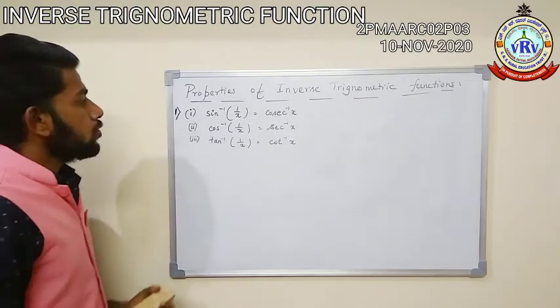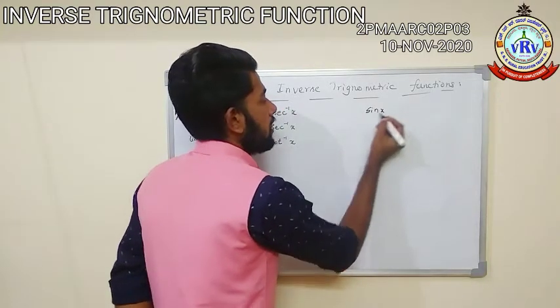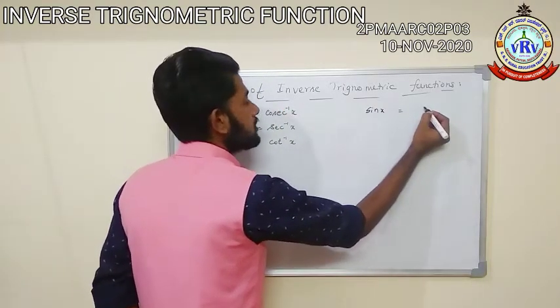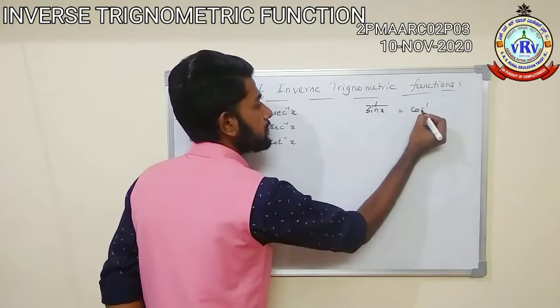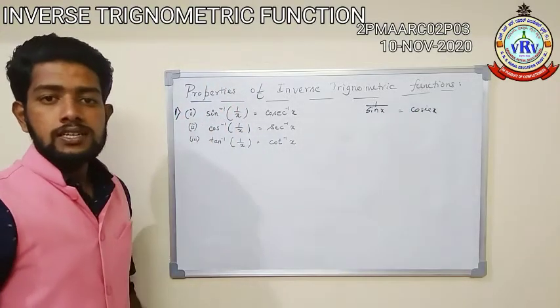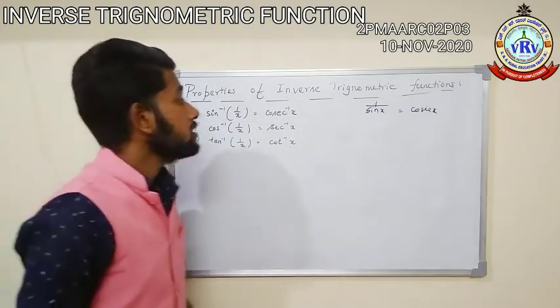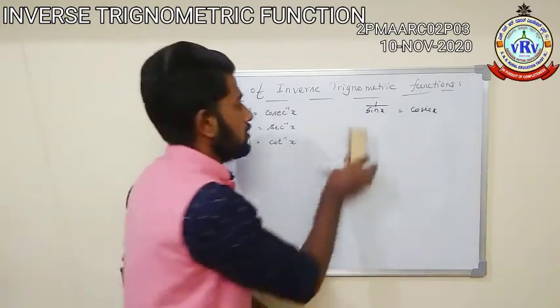See, we know we have sine x and the cosecant x is the inverse of the sine x. Right? The cosecant function is the reciprocal of the sine x function.